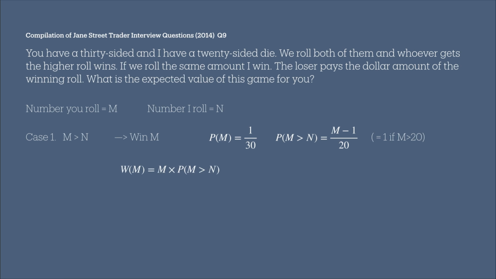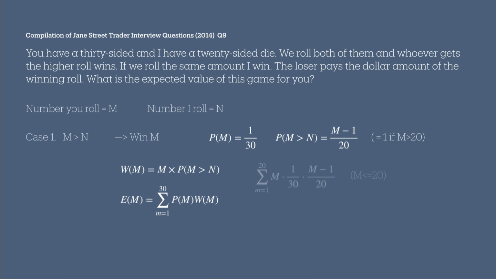The expected value for this case, E_m, will then be the probability of rolling the number m multiplied by the money you earn. Since it is the expected value, we take account of all possible outcomes from 1 to 30 and total them up. We have to be careful here because the probability of m greater than n comprises two functions, so the total when m is greater than 20 must be written separately.